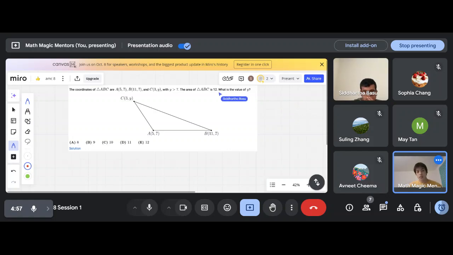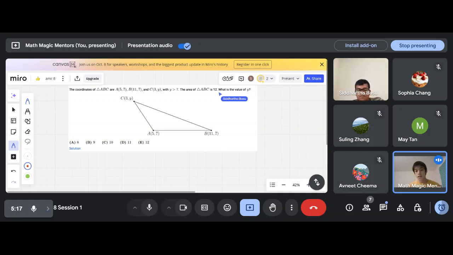So to approach this, obviously for every problem, there are a couple ways to approach it. But usually in a geometry problem, we want to make note of the constraints that are given to us.